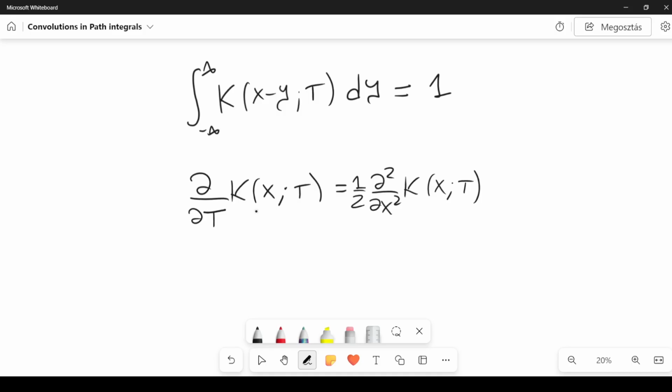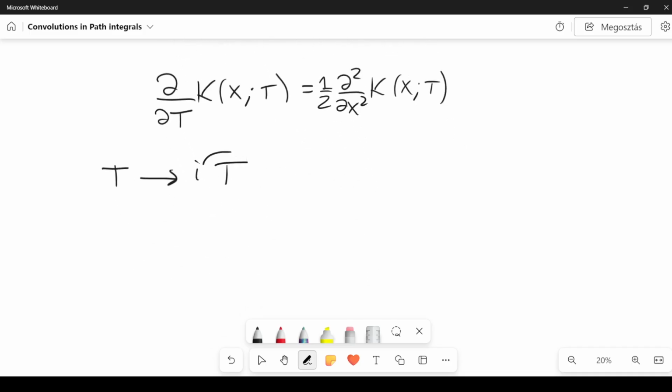And if you want to go from imaginary time to, if you want to return to real time, because remember that we have made a simplification to do all the calculations, we assumed that our time variable is actually an imaginary variable, a purely imaginary variable. So if we want to get back to real time, we have to replace t with it, where in this case t is real.